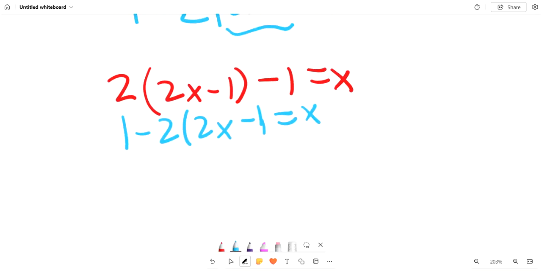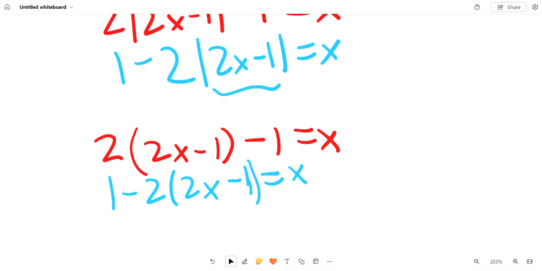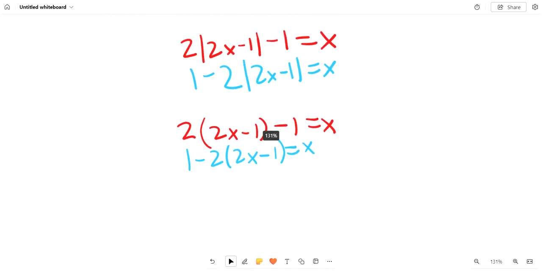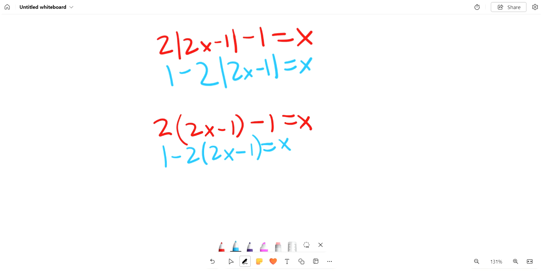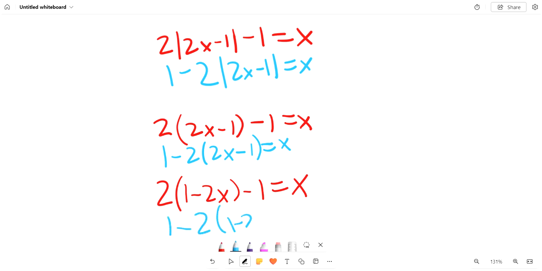And from here we can also make another 2 if the 2x minus 1 is less than 0. So it's just going to be 2 times 1 minus 2x minus 1 equals x, and 1 minus 2 times 1 minus 2x equals x.